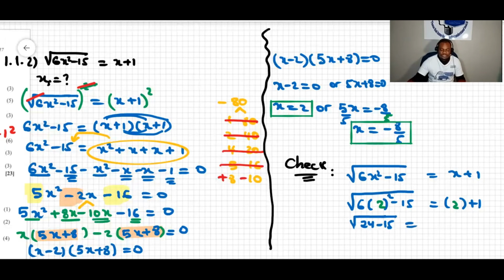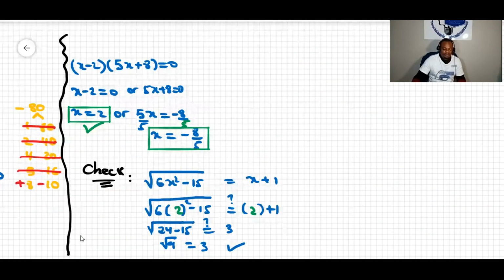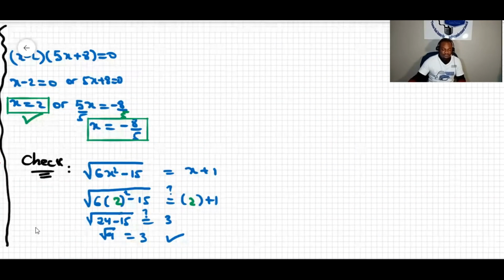So we're checking if they're equal. 24 minus 15 is 9, and the square root of 9 is 3. So this is correct. We say x is equal to 2 is valid. It's valid because it's a true statement. Now, we're going to check also for x is equal to -8 over 5.